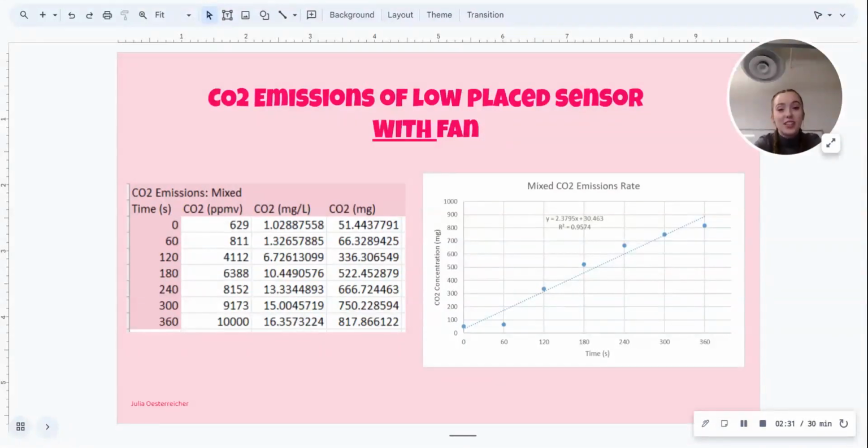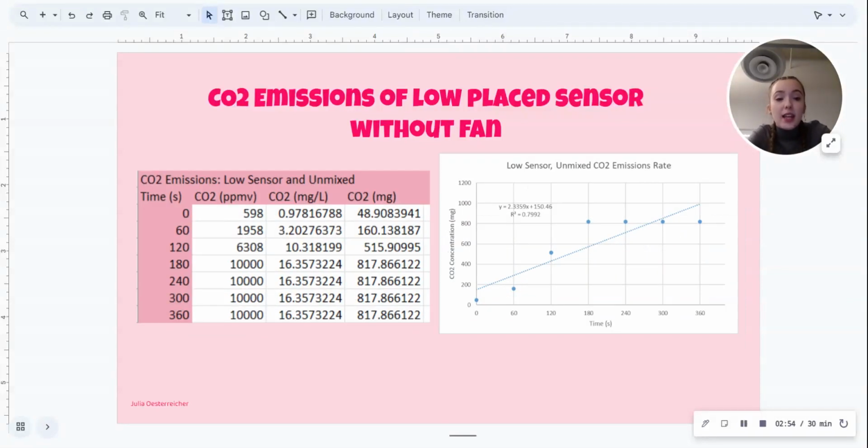For our first experiment, our group did the CO2 emissions with a low place sensor and a fan. Here we have the table showing our ppmv values of the CO2 that we recorded. You can see that as the time increases, so does that, further explained by the graph. The next group did a low place sensor without a fan.